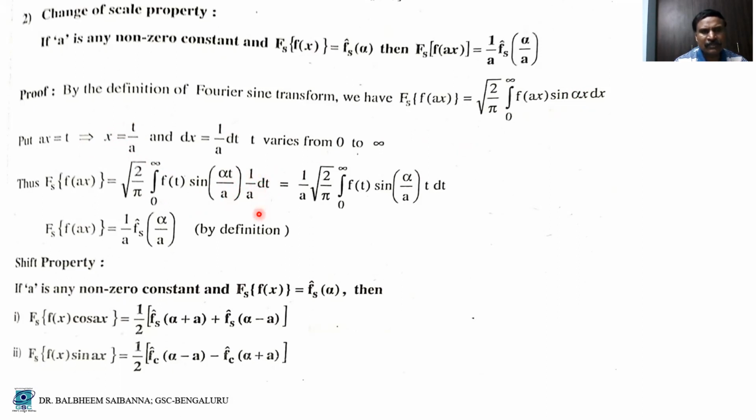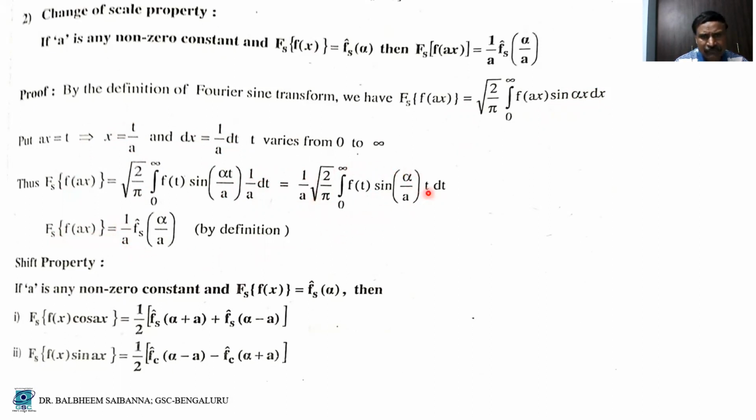And 1 by a dt, because dx is equal to 1 by a dt. Then t is the variable here. 1 by a is taken outside the integral, then root 2 by pi as it is, integral 0 to infinity f of t sin alpha by a t dt. Again, the left hand side as it is, Fs of f of ax, 1 by a as it is.